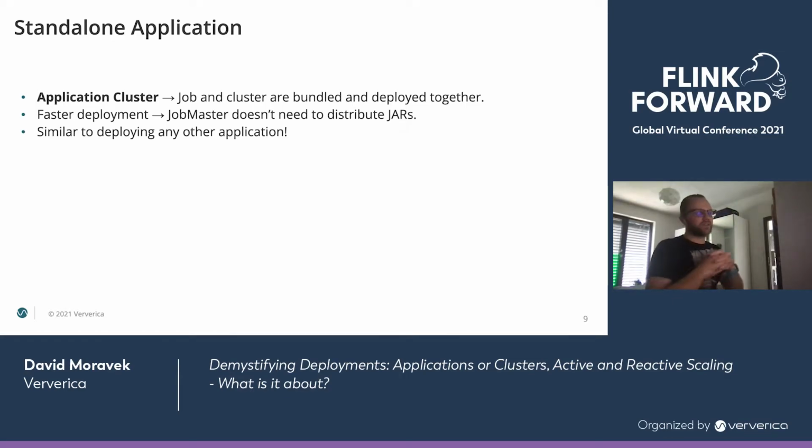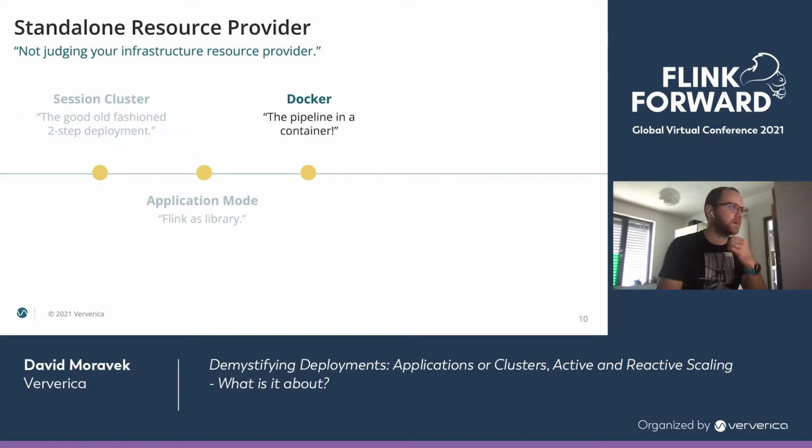And it's very similar to deploying any other application. It's as simple as starting a job manager process and a few task managers. We don't have to do any job submission, and so it's fairly simple to start with.